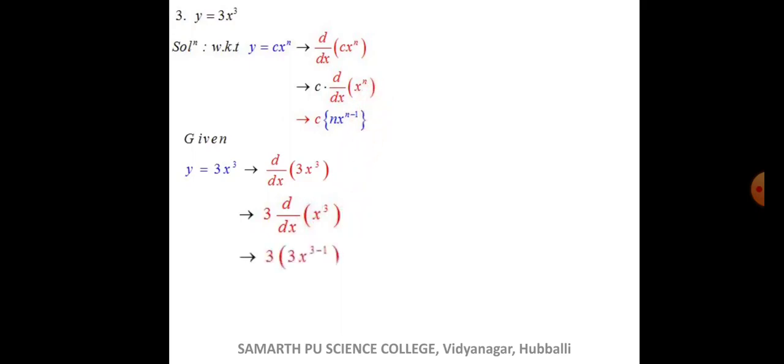So we have 3 into 3 x to the power 3 minus 1. After simplifying, we get 9x square. So this is the derivative of the function 3x cube, that is 9x square.